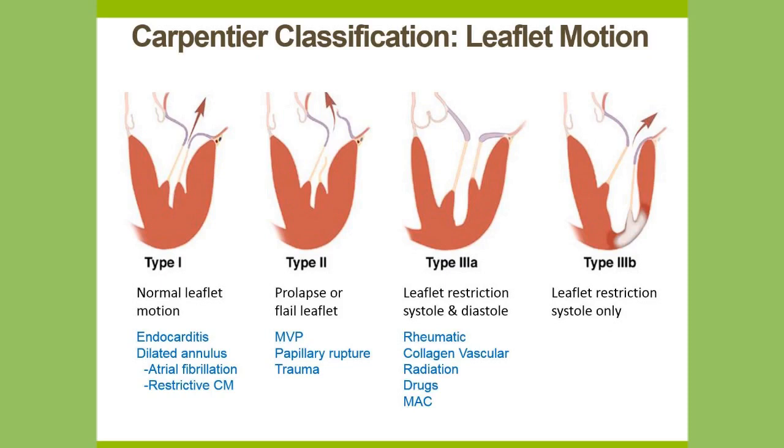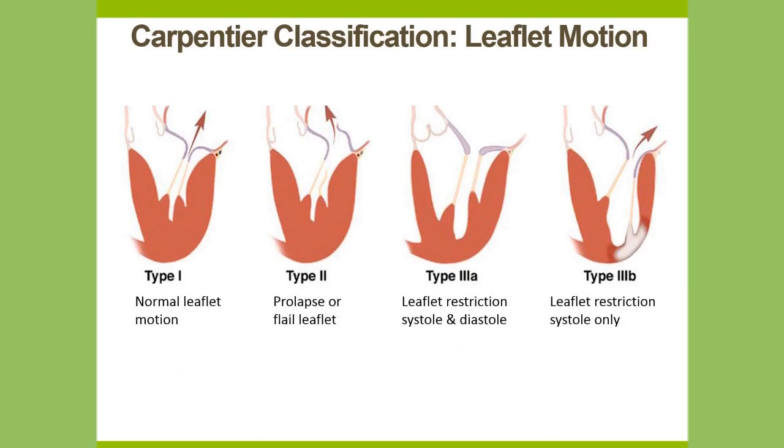And classically, that's rheumatic heart disease, but it can be collagen vascular diseases, radiation, drugs, mitral annular calcium, and other things. And type 3B is a classic ischemic or non-ischemic dilated cardiomyopathy, where as the heart dilates, it pulls the leaflets apart so they can't close normally. We'll get into that a little bit more.